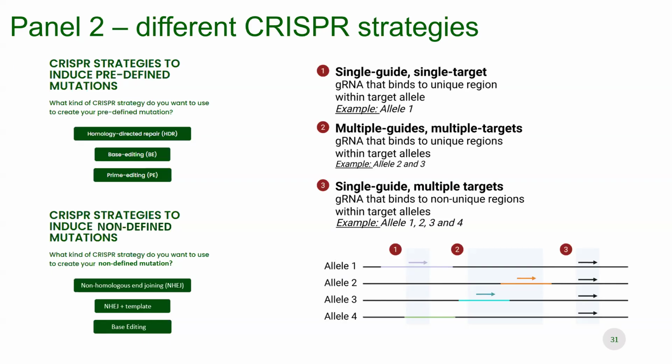So here you can see 4 alleles with some sequence variation, and the number 1 indicates one guide for one target, so only for one allele. But we can also have one guide to target 4 alleles, or multiple guides to target multiple alleles.